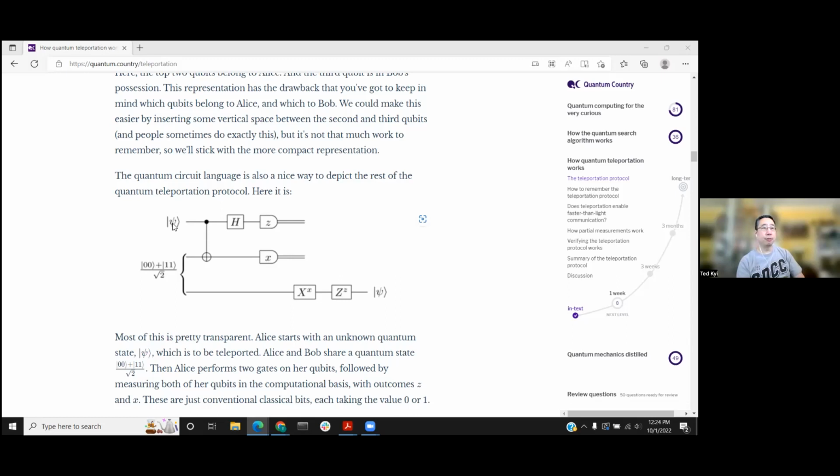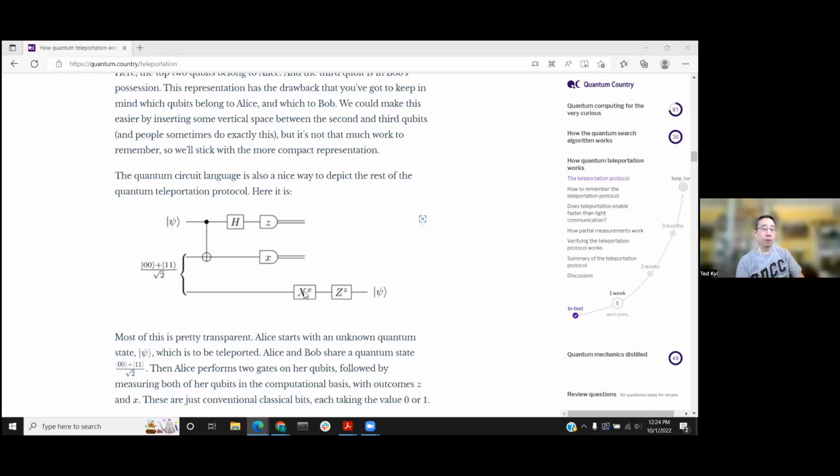But once I'm happy that I have some intermediate state that you don't know about, I do a CNOT, controlled not, and a Hadamard gate, and then I measure this one, I measure that one. Again, I get one of 4 classical outputs: 0 0, 0 1, 1 0, 1 1.